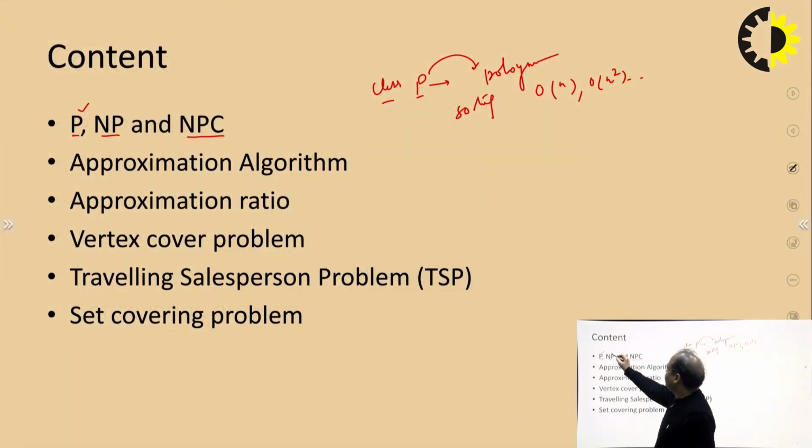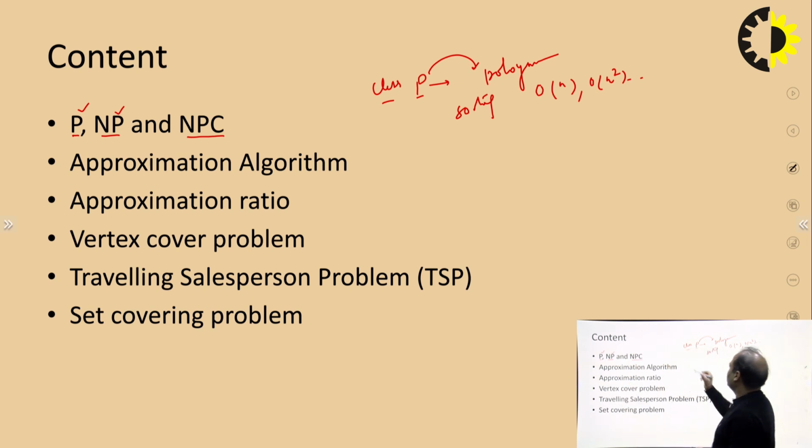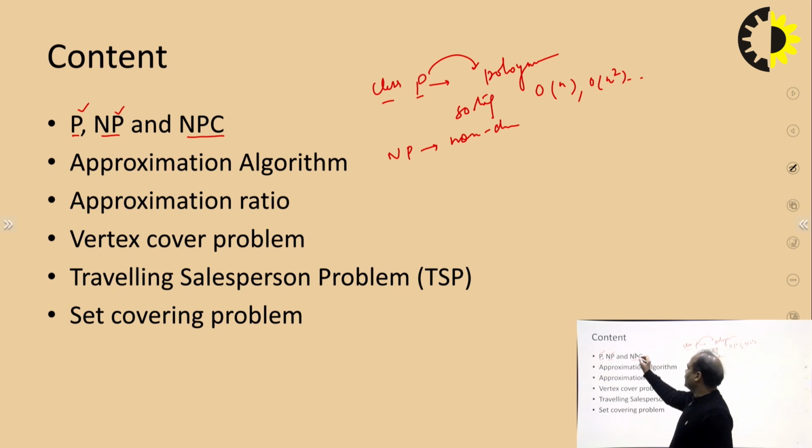Another set of problems is non-deterministic polynomial. NP stands for non-deterministic polynomial. That means the problem cannot be solved in polynomial time, but given a solution, we can verify it in polynomial time. The next category of problem is NP complete.